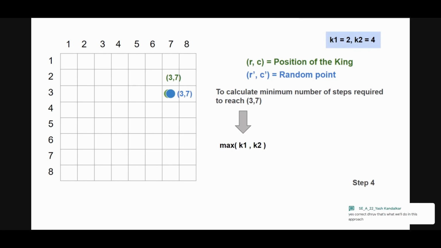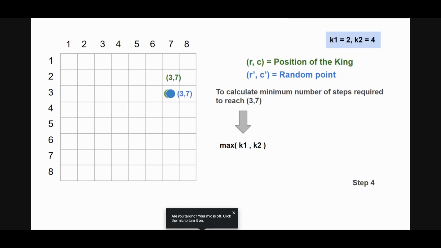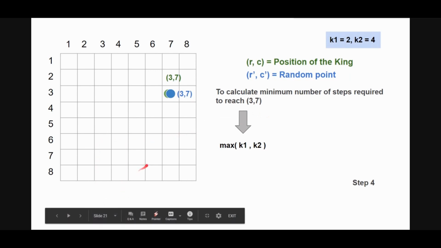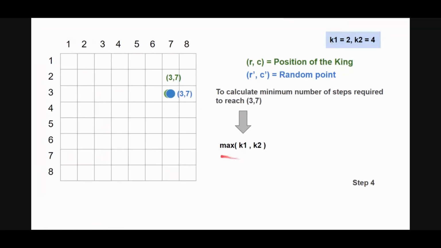We had also preserved the values of k1 and k2. Now we'll see why we preserved them. To calculate the minimum number of steps required to reach 3, 4, we take the maximum of initial k1 and k2, that is max of k1 and k2, which is max of 2 and 4, which is 4.